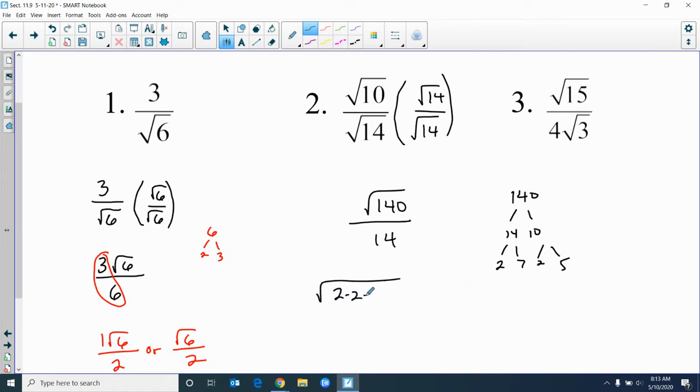So it's 2 times 2 times 5 times 7 over 14. Take out the 2 and multiply 5 and 7 back together, and you get 2 square root of 35 over 14.